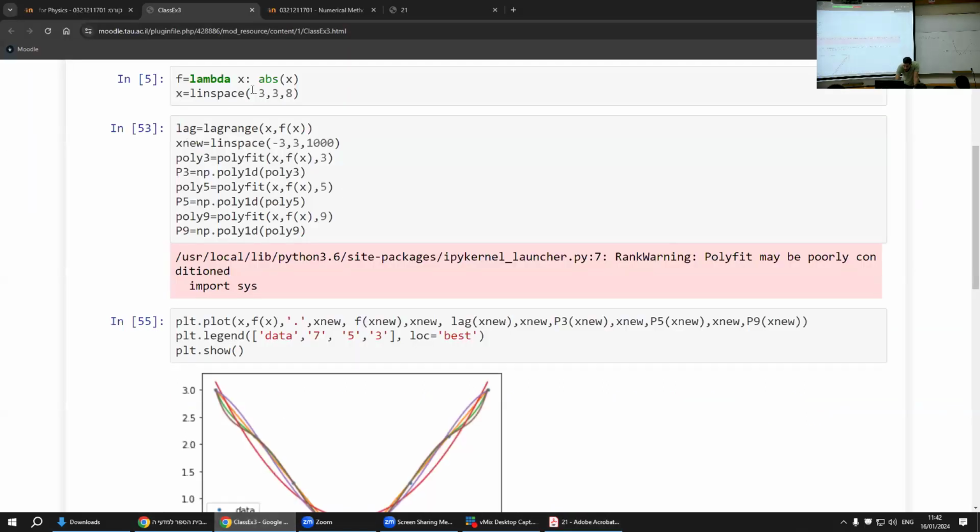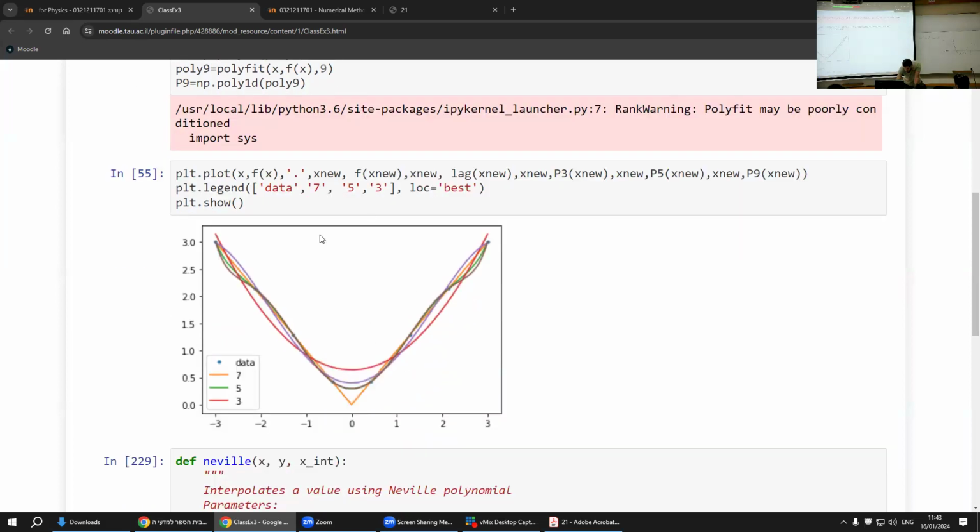So if you want from -3 to 3 with equal intervals or segments, which are 8, for example, you get 9 points. So you can use this command, linspace. And you can use the functions to make the fits or the interpolations, and you should check that.